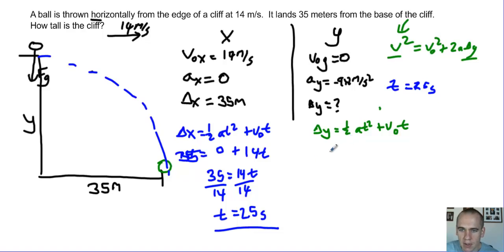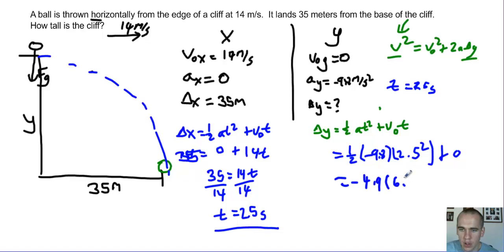So if I go ahead and substitute that in, I have 1/2 times negative 9.8 times 2.5 squared plus 0. So this is negative 4.9 times 6.25, which is about 30.625 meters.